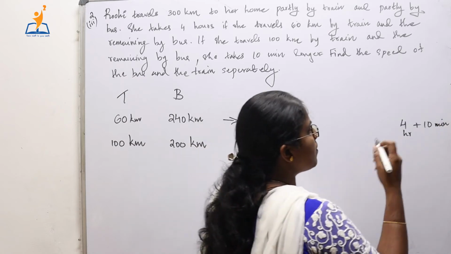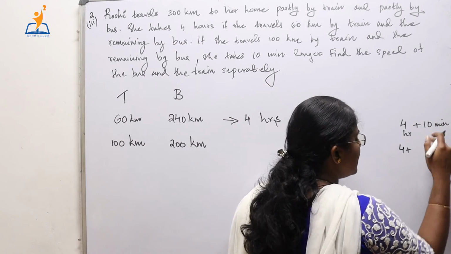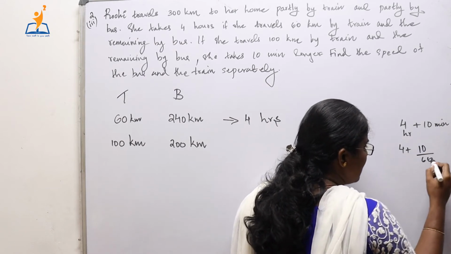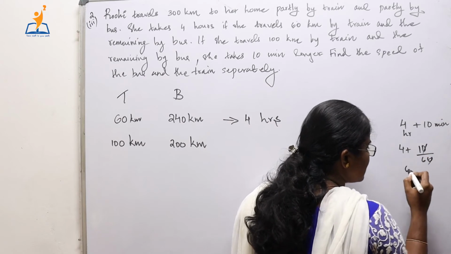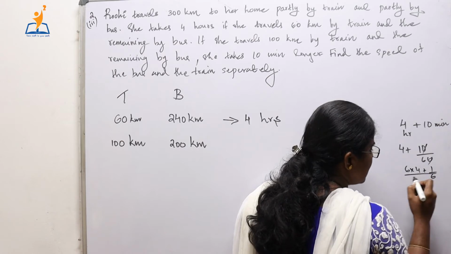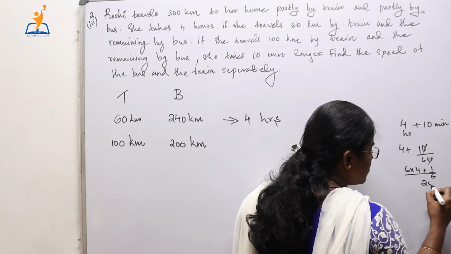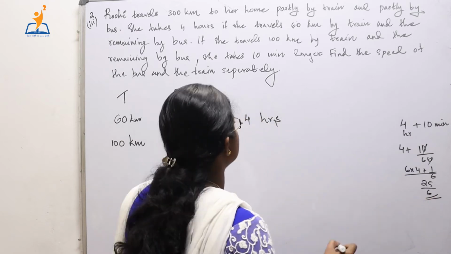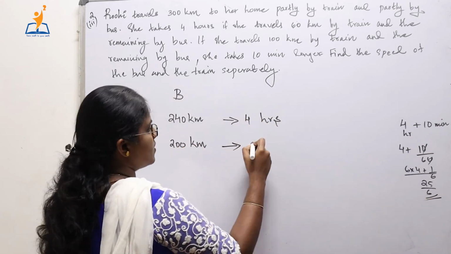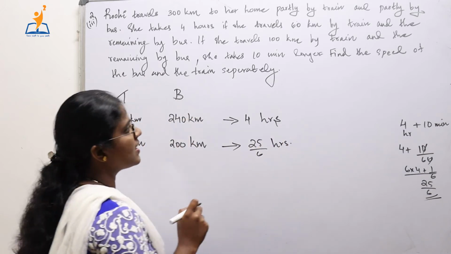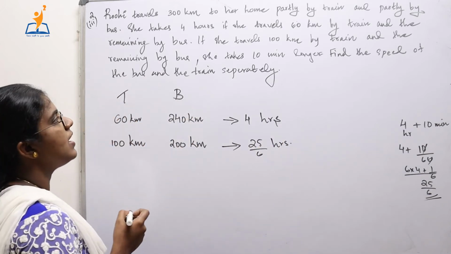Converting minutes to hours, that is 4 plus 10 by 60, which means 4 plus 1 by 6. So 6 into 4 is 24, 24 plus 1 is 25, so it is 25 by 6 hours. So these are the conditions given to us.